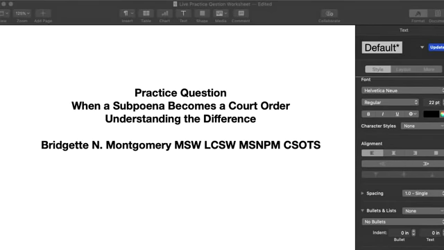I wanted to come out early because I have a full day and I wanted to discuss this question quickly. I was asked by several different people if I could do a question on subpoenas and court orders. So I thought I'd start very simple and give a question focusing on using the word subpoena and understanding a court order.